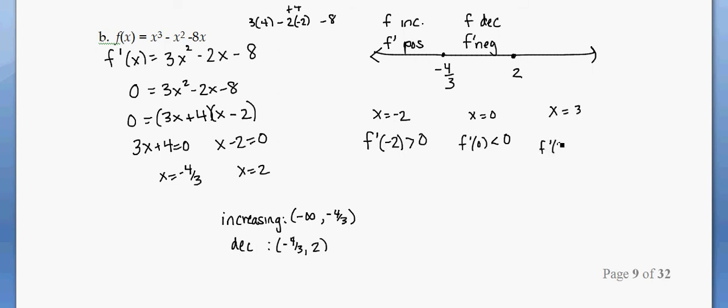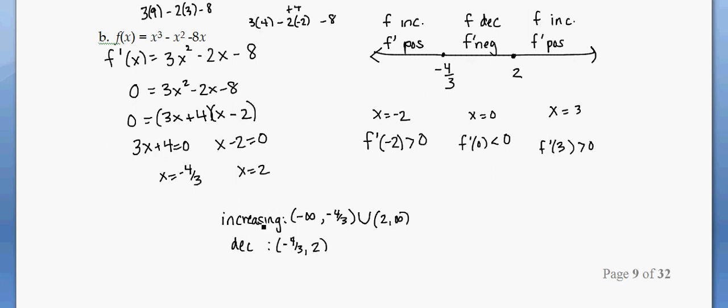F prime of 3 is 3 times 9 minus 2 times 3 minus 8. So 27 minus 6 minus 8, that's still positive. So f prime is positive, and therefore f is increasing from 2 to infinity.